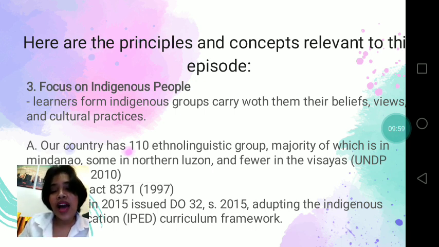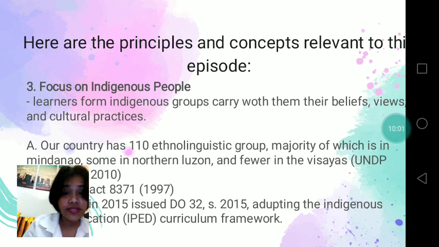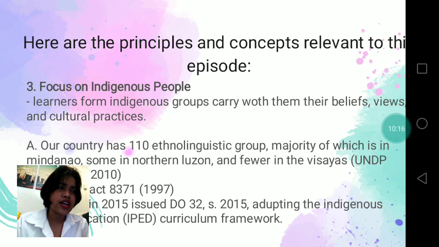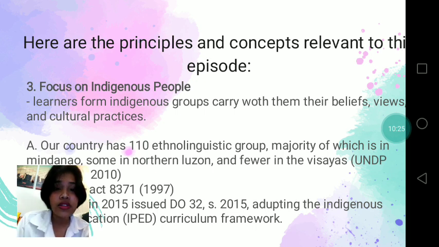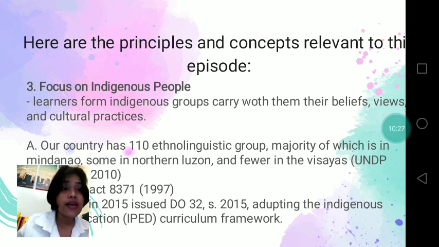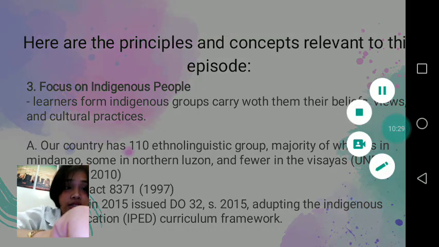Okay, so Republic Act number 8371, ito yung nagre-recognize at nagpo-promote sa rights of indigenous cultural communities and indigenous people in the Philippines. Yun nga, so kailangan nating i-promote at ipaunawa sa mga students na meron tayong pagkakaiba-iba. And we have to respect each one of us kasi in real life, meron talaga silang makakasalamuha na iba ang cultural beliefs.